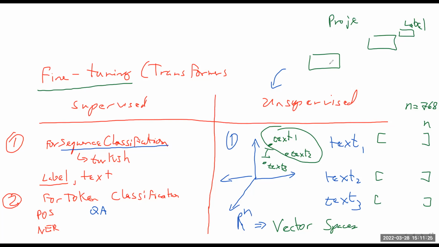If I use unsupervised methods, I represent this as a vector of 768, and I represent this one as a vector of 768. Take the distance between the two vectors, and then in all the other vectors, find the closest ones, and then for the closest ones, find a label.